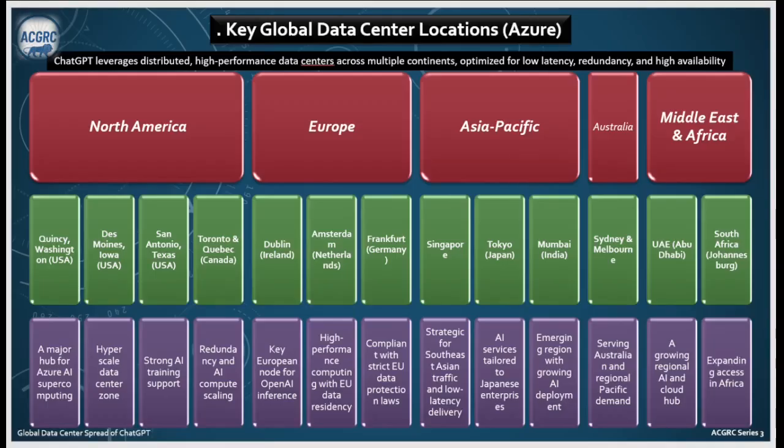Let's look at the location spread. ChatGPT leverages distributed high performance data centers across multiple continents, optimized for low latency, redundancy and high availability.